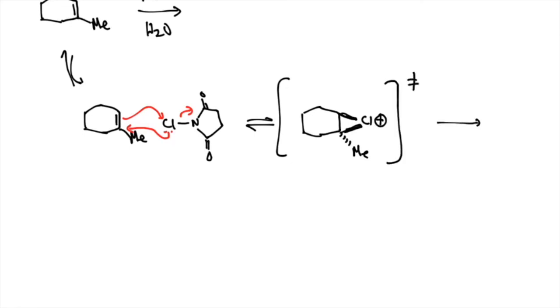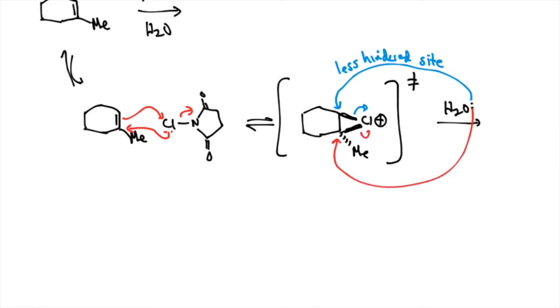And now we could have chloride attack, or we could have water, which is higher in concentration. But adding water can occur in one of two places. It could occur here, which is the less hindered site, or it could occur here, which is the more delta positive site.